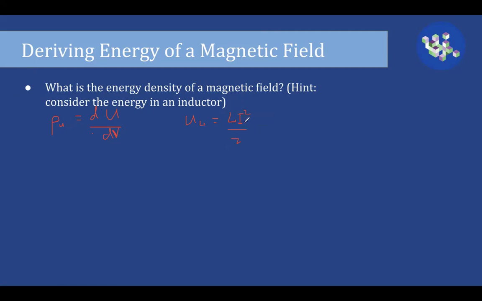Oh yeah, and remember what we defined for inductance. L would equal N times phi divided by the current. I'll give you guys a few minutes. Don't be discouraged if you can't do it, we'll go over it together.